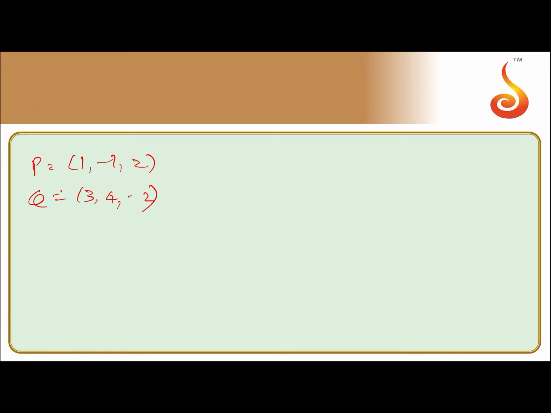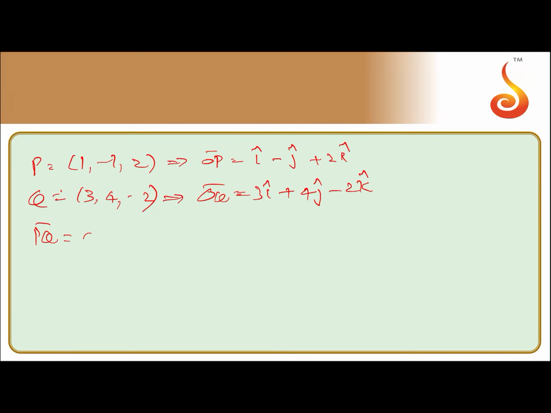So let me calculate first. The position vector of the point P is OP equals 1 into i minus 1 into j plus 2k, and OQ is equal to 3 into i cap plus 4 into j cap minus 2 into k cap.